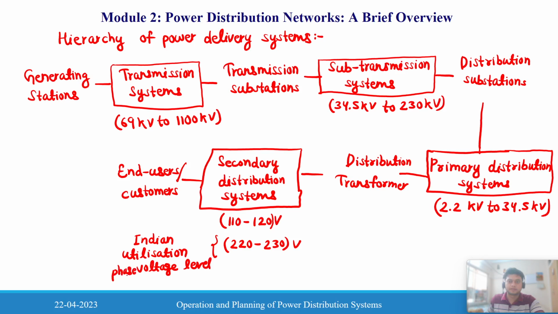For line to line it is 400 volt. And for primary distribution generally we have 11 kV or 33 kV. In India we have 11 kV or 33 kV in the Indian distribution system for the primary distribution system.